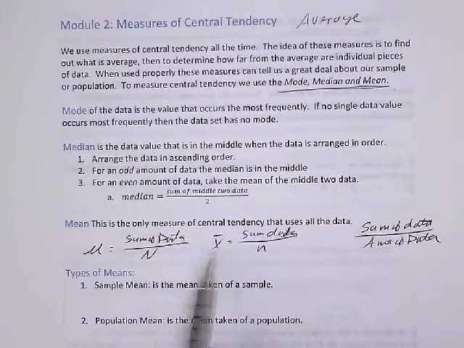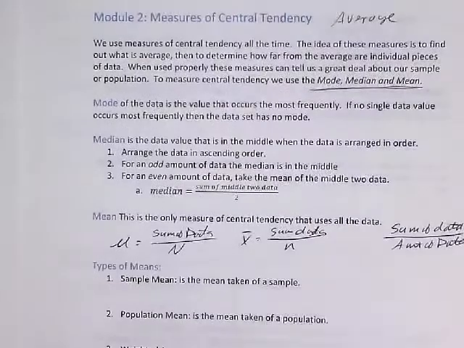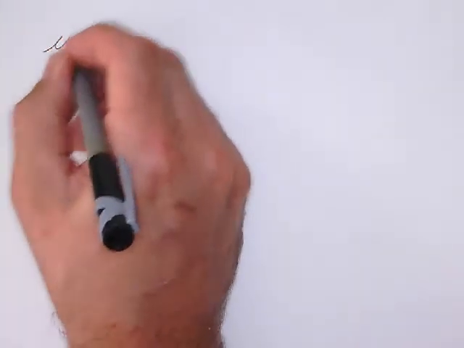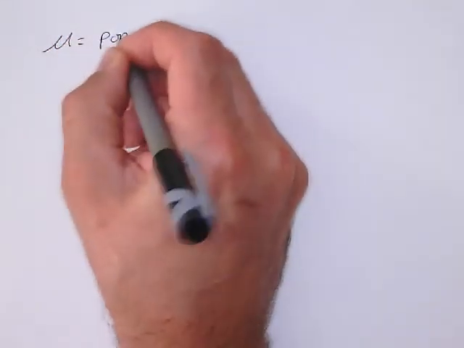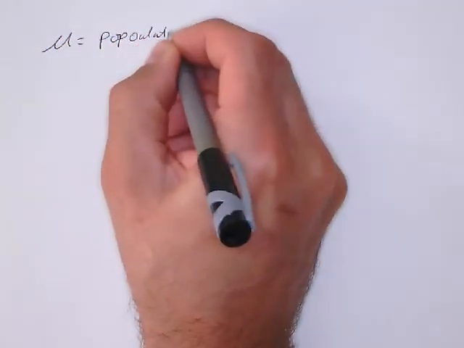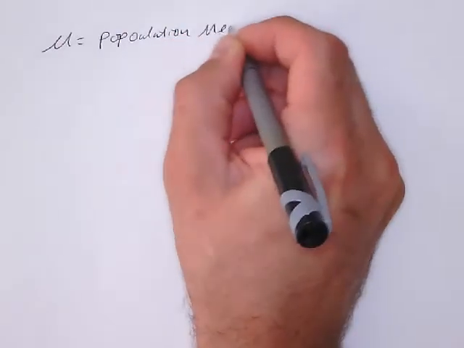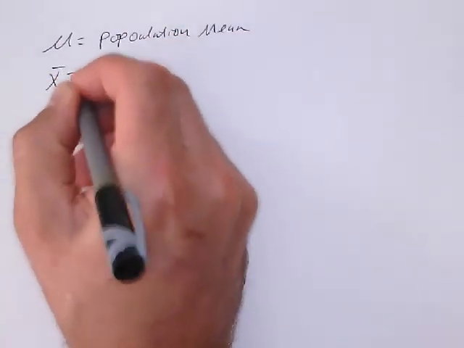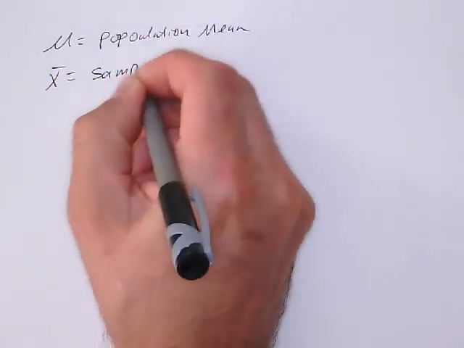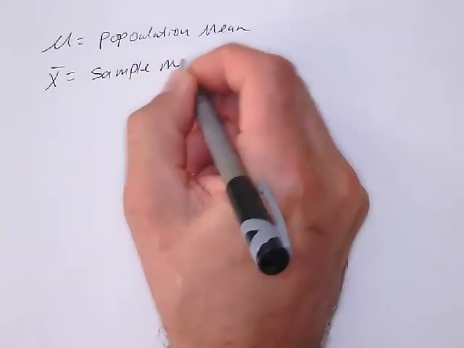Okay. So here you notice I introduced 2 new variables. So let's just take a quick moment to talk about those. So mu is the population mean. X bar is the sample mean.